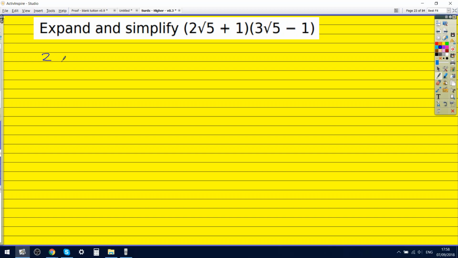Yep. Bracket 3 root 5 minus 1. And then 1, sorry, 3 root 5.